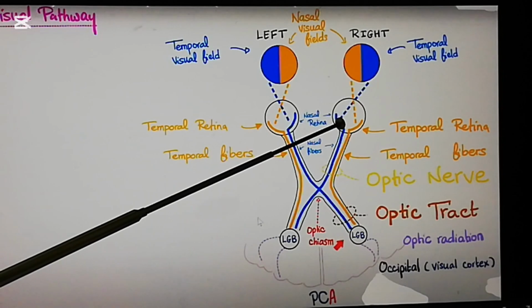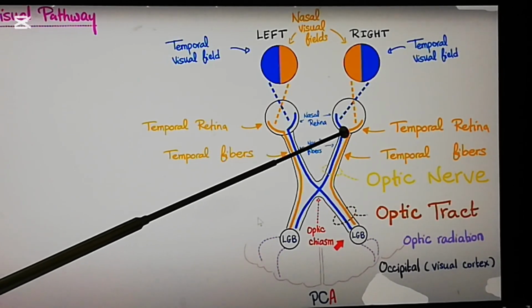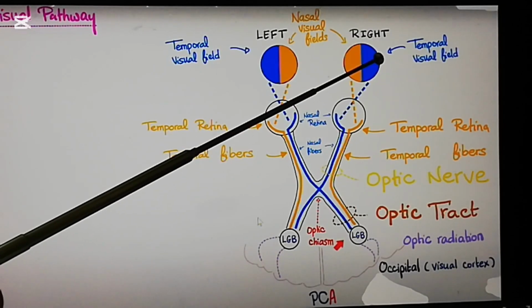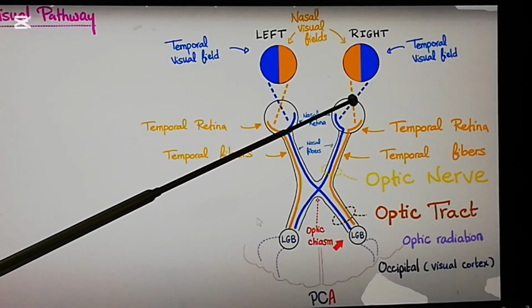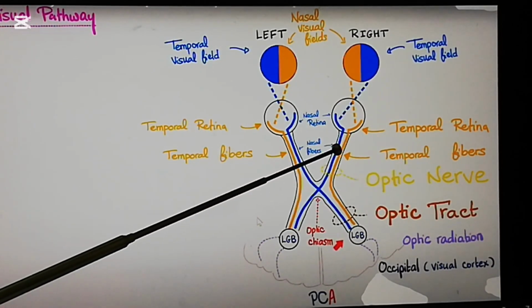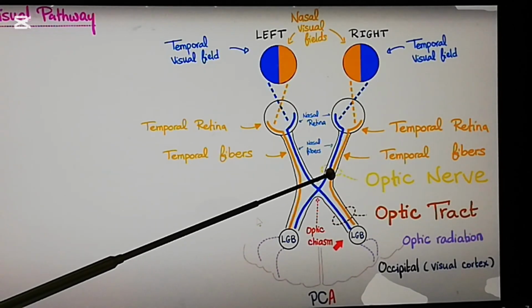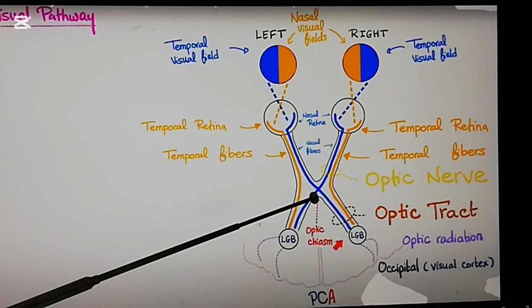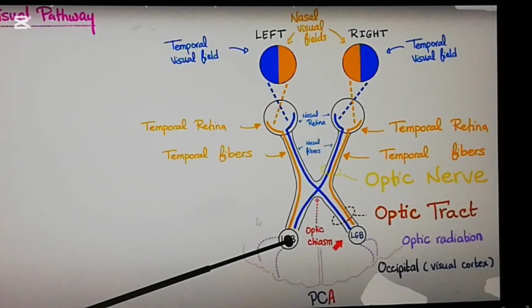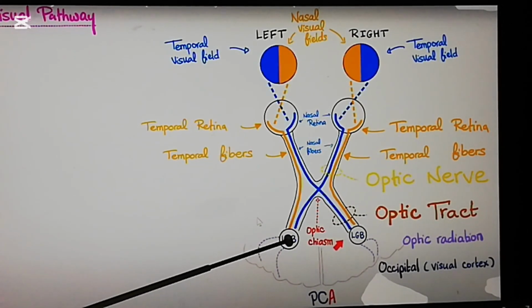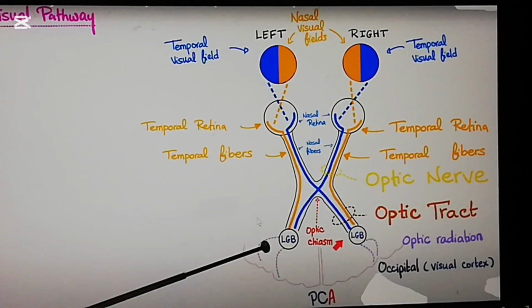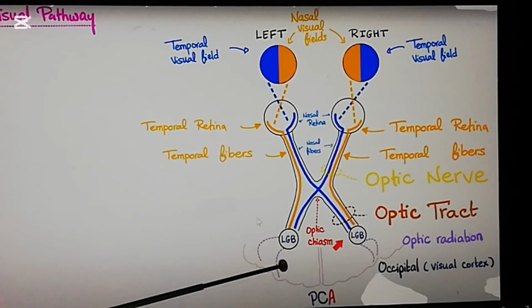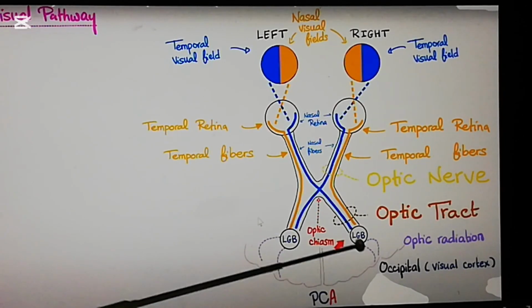And the right nasal fibers, after collecting information from the left or temporal visual field, after entering the optic chiasm, decussate to reach the left geniculate body. Okay, then the optic radiations on both sides will reach the occipital lobe in the visual cortex.